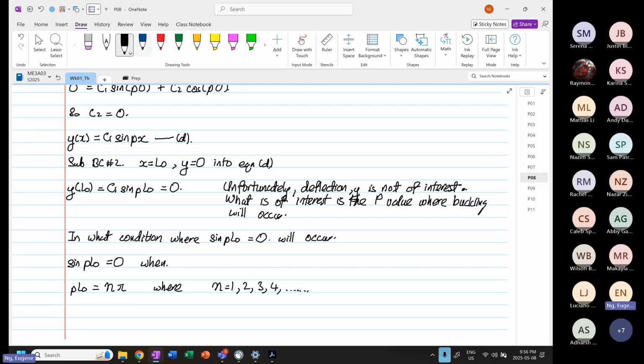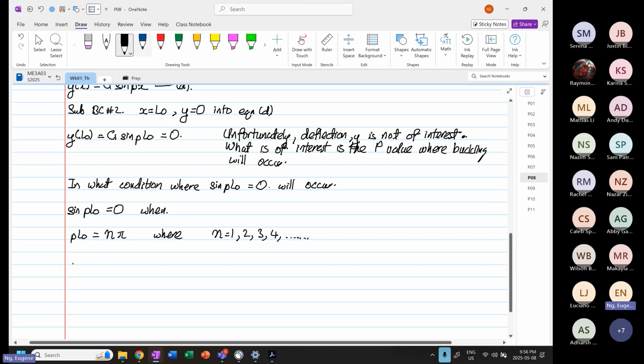When that's the case, we know that small p is equal to n pi over L0. That is small p, so this is our equation number E.